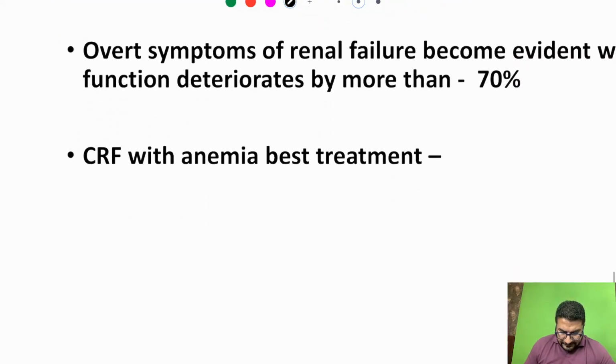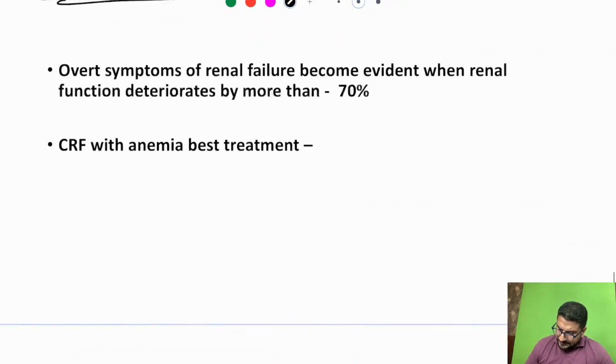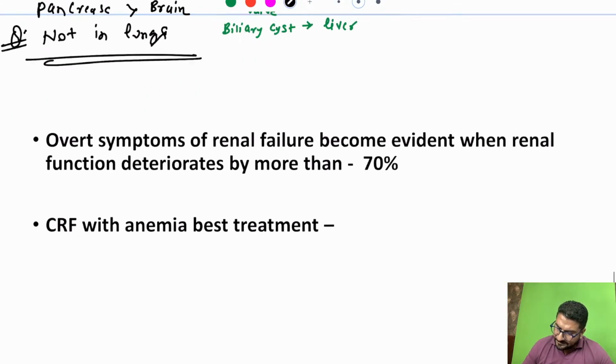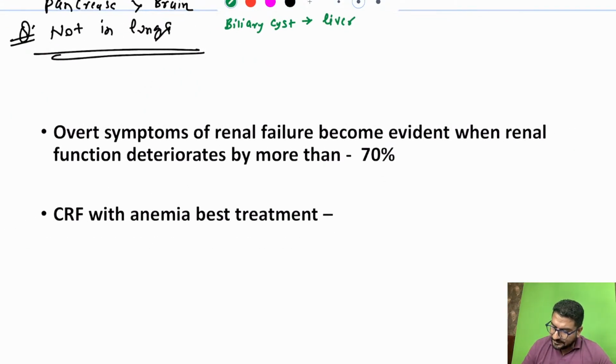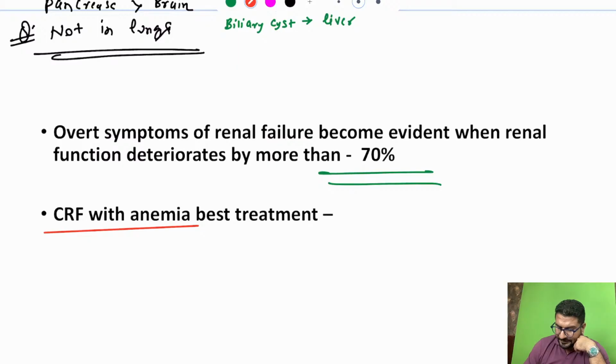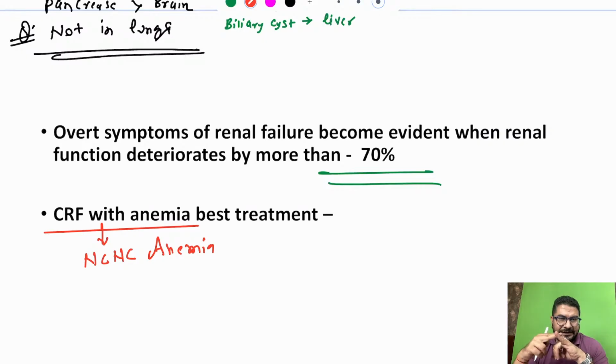Now let's talk about CKD. CKD means they ask you different questions in the exam. Let's say overt symptoms of kidney failure will begin when kidney function deteriorates by more than 70%. If more than 70% of the kidney is damaged, then you will see a lot of symptoms. Now they ask this question again and again: a CRF patient has anemia along with it. So understand this thing. In kidney disease the patient will develop a normocytic normochromic anemia. So how will you treat this anemia? For this anemia the best treatment: we can use iron supplementation, we can use blood transfusion, but what is best?